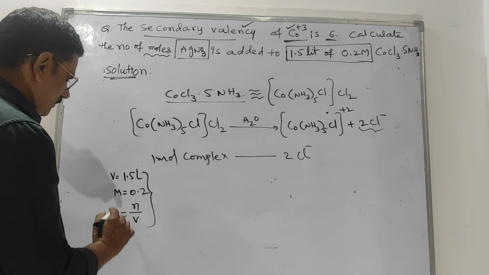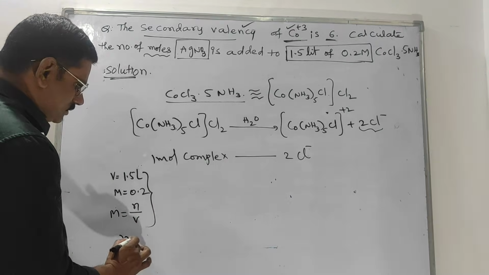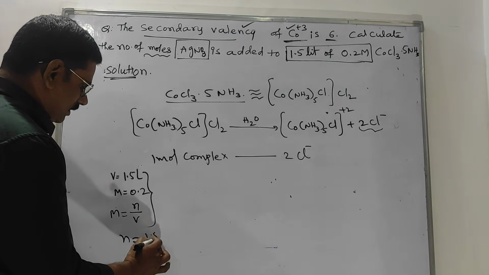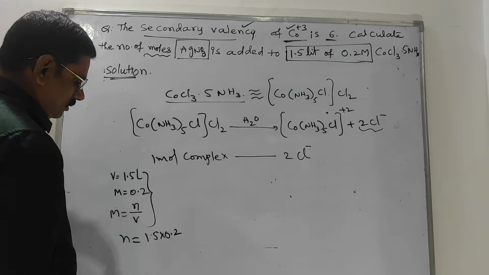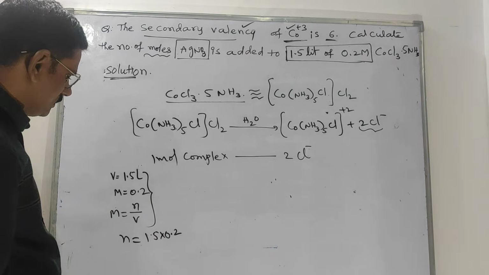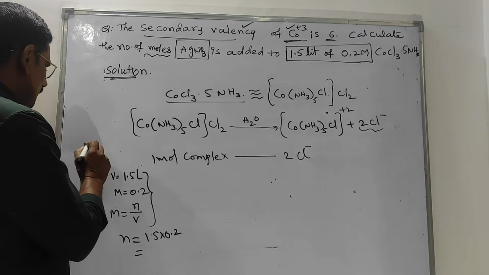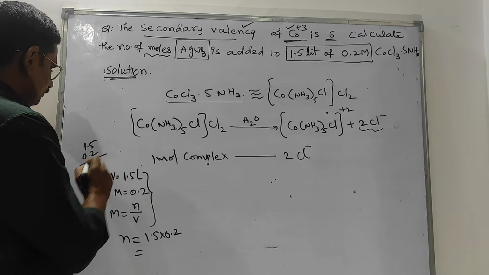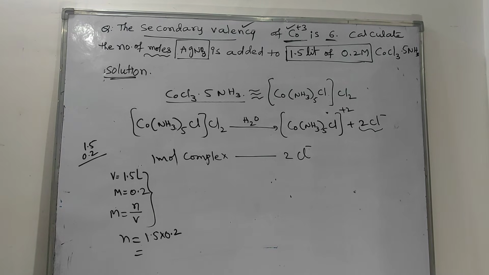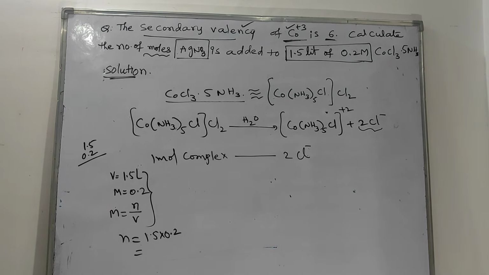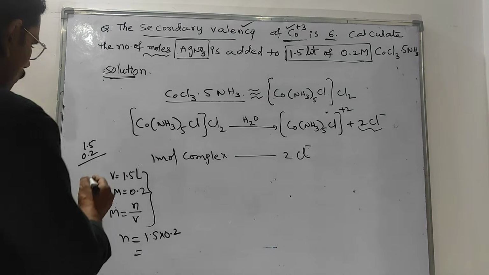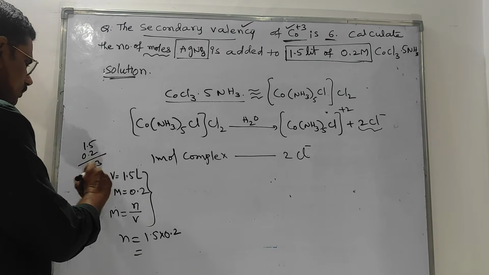According to this, number of moles equals 1.5 into 0.2. How much is the answer? Calculate. 15 into 2 is 30, 2 digits left side, so you get 0.3.